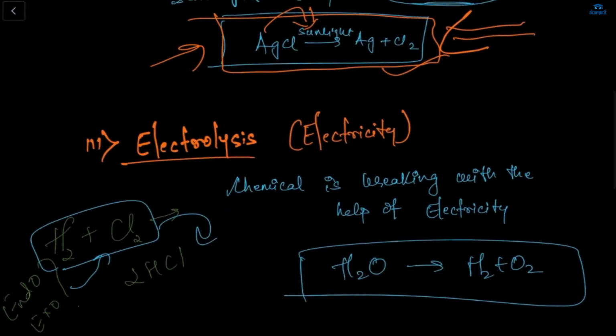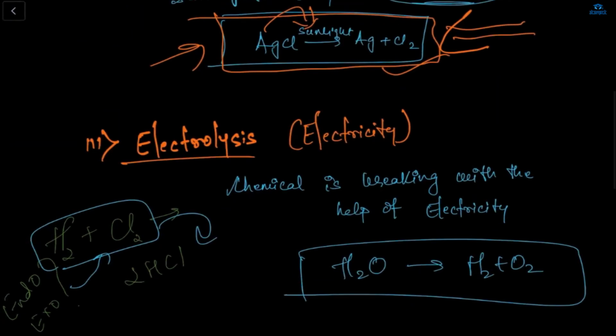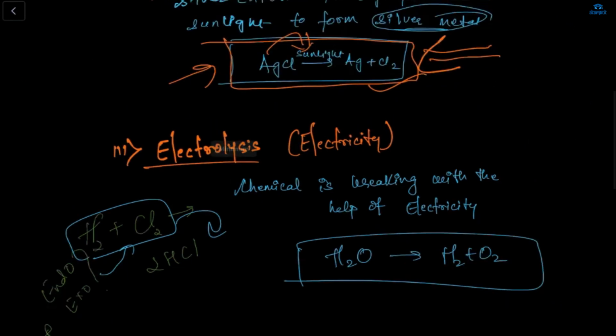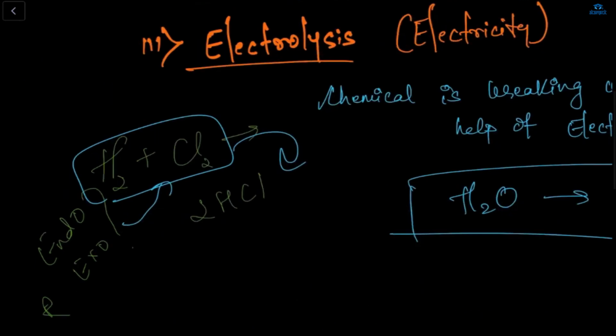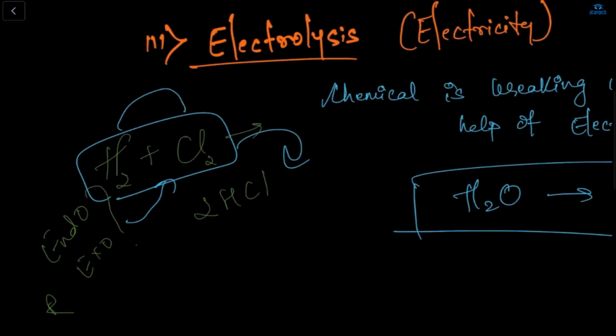Now electrolysis. Ma'am, I have really bad internet. Can you repeat why it's exothermic? Okay. This is an exothermic reaction, because when the hydrogen gas reacts with chlorine gas, it's producing hydrogen chloride.